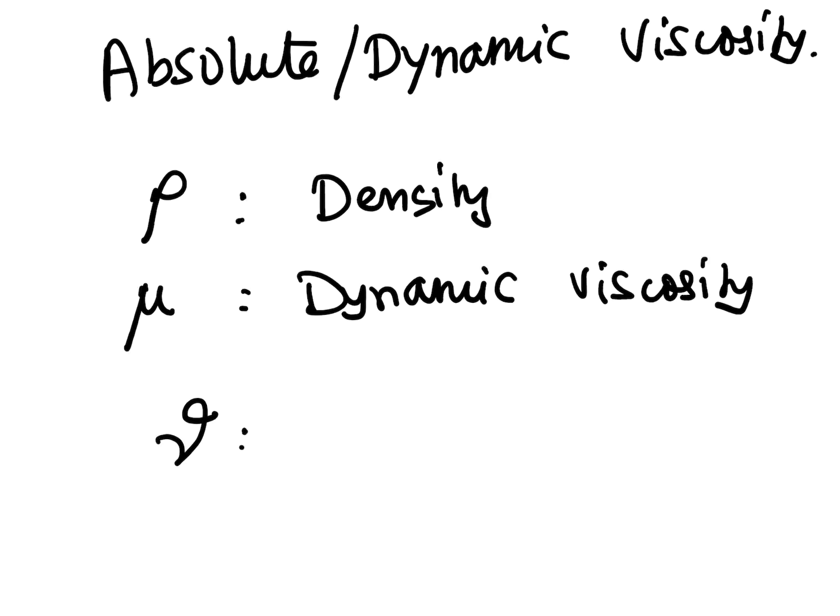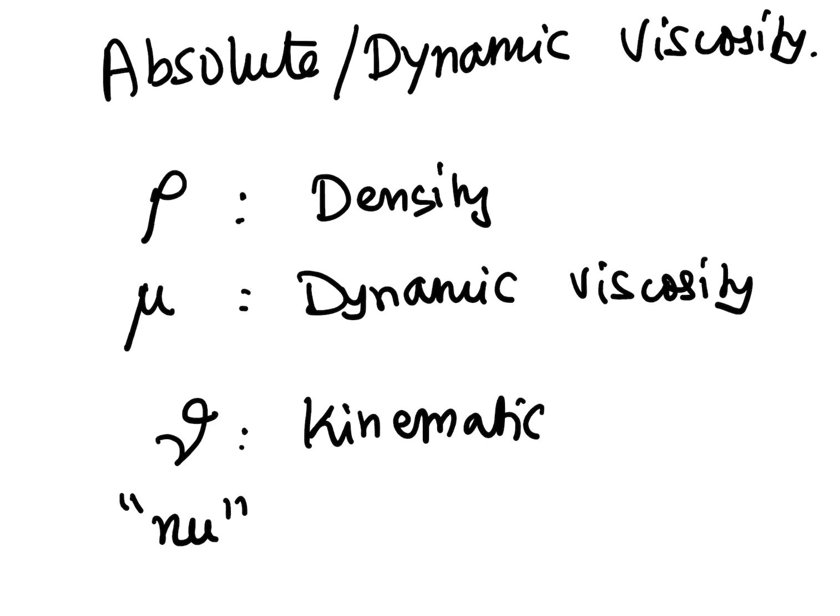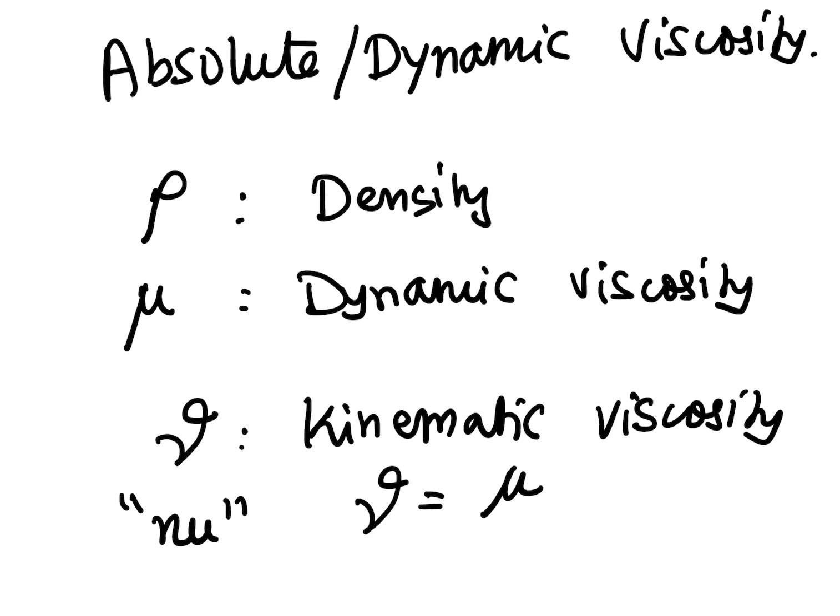A new quantity, given the symbol nu, is called kinematic viscosity. Nu is defined as dynamic viscosity divided by density. It's also very commonly used in the description of fluids. We specify, instead of specifying density and viscosity separately, the kinematic viscosity.